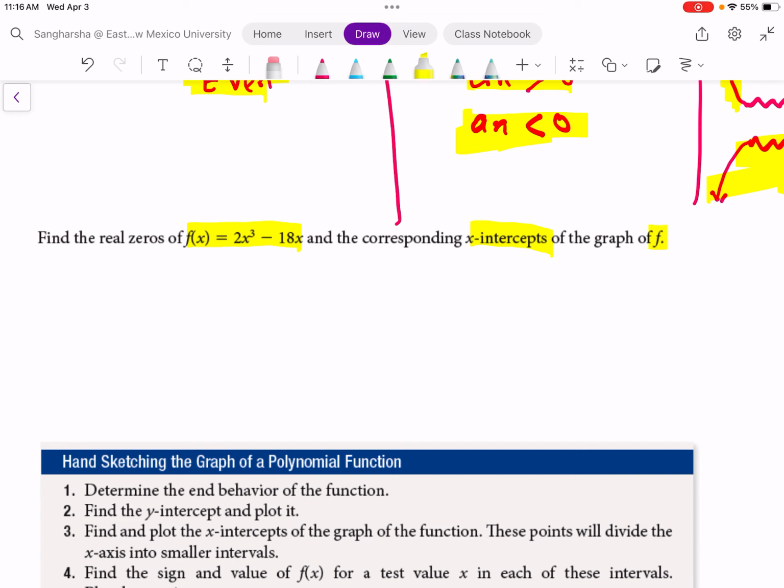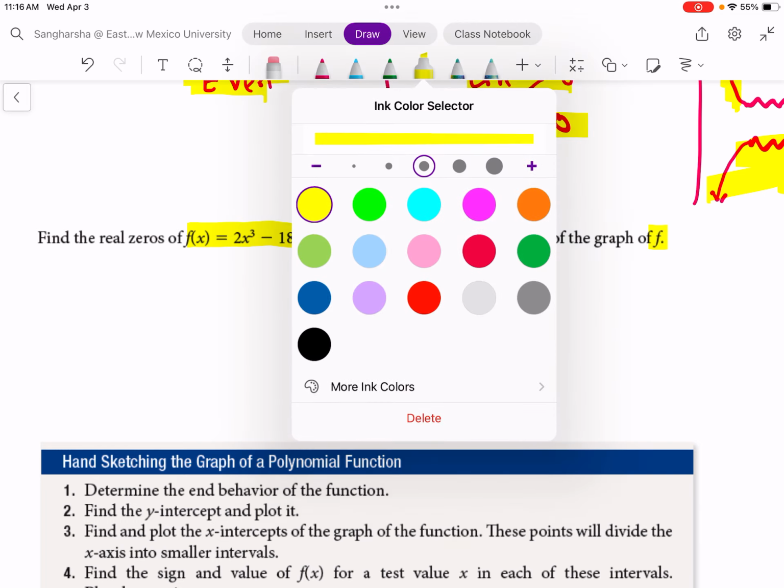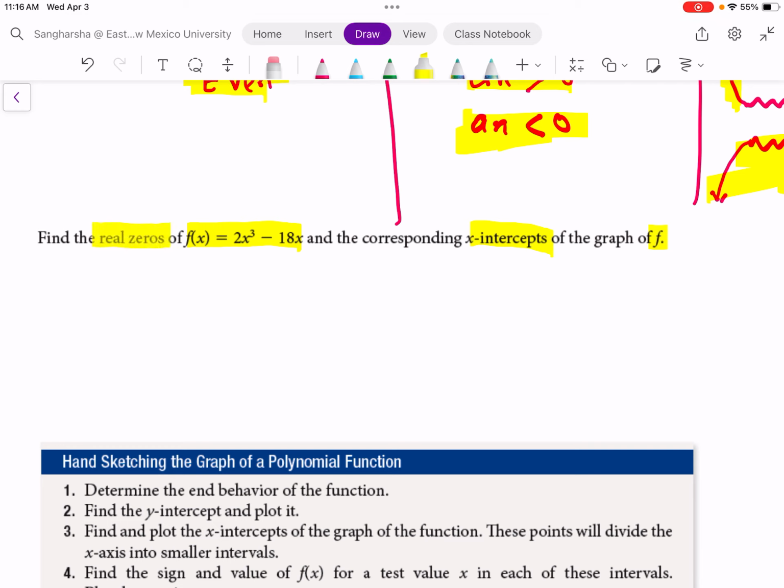Every time, when you see finding real zero, or in the last section of this unit, there is a complex zero also. Every time if you are asked to find zero, it means you are finding the input, you are finding the x. So finding real zero means you are finding your input. You are asked to find what is x such that your f of x is equal to 0.